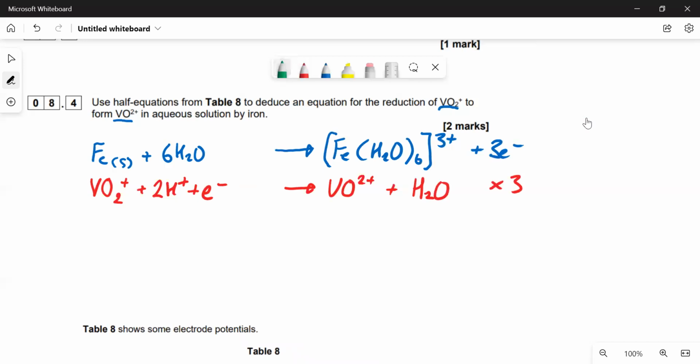So let's do that. And as the final thing, we're going to get 3 VO2 plus 6 protons plus 1 iron and 6 waters to give us the 3 plus complex.